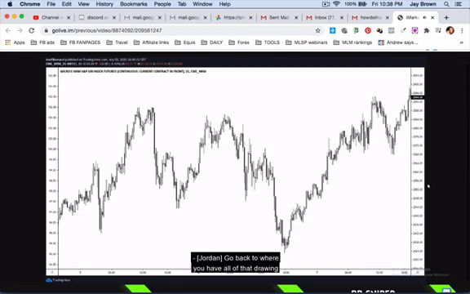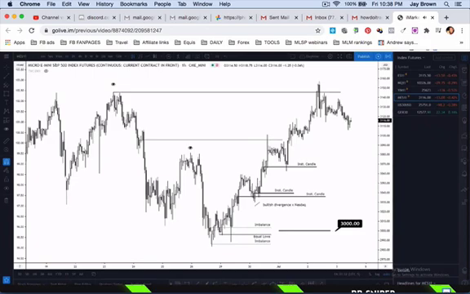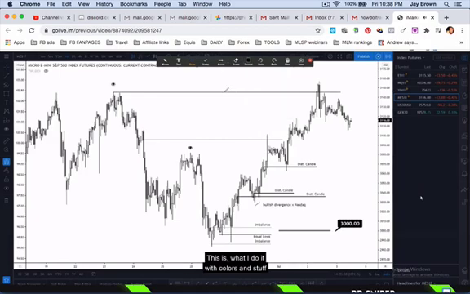Go back to where you have all of that drawing on there real quick. Okay. So maybe this can help. This is what I do it with, like colors and stuff, when I'm labeling institutional candles and whatnot. But hold on, look at it like this.